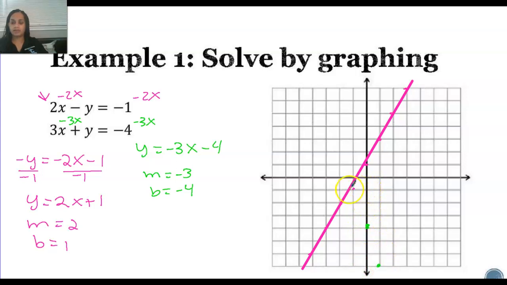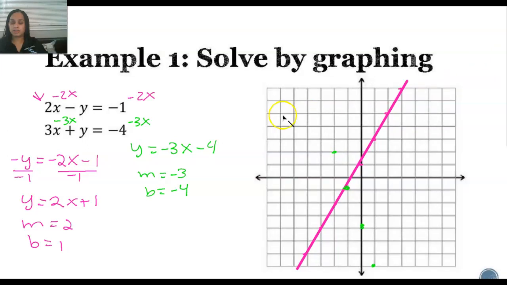I really just need to find the place where they intersect, and it looks like I found it. But I'm just going to draw a couple more points. So I'm going to go ahead and connect these points here.